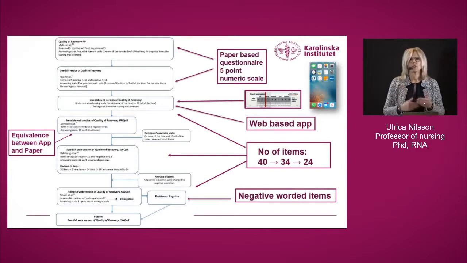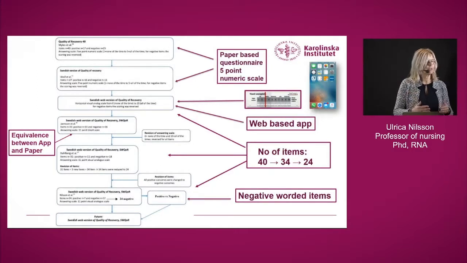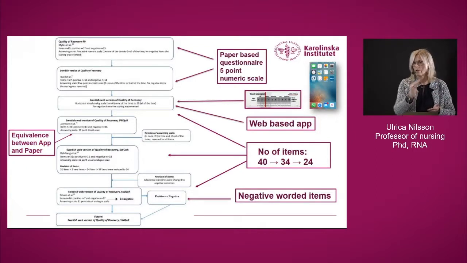So we started to develop a web-based questionnaire instead. In this development process, we changed the answering scale, and we also changed all the items to be negatively worded. In a paper questionnaire, changing from positive to negative is relatively easy for those answering.